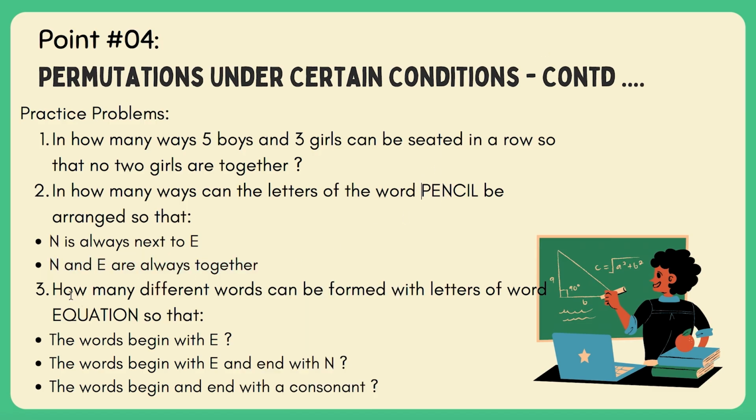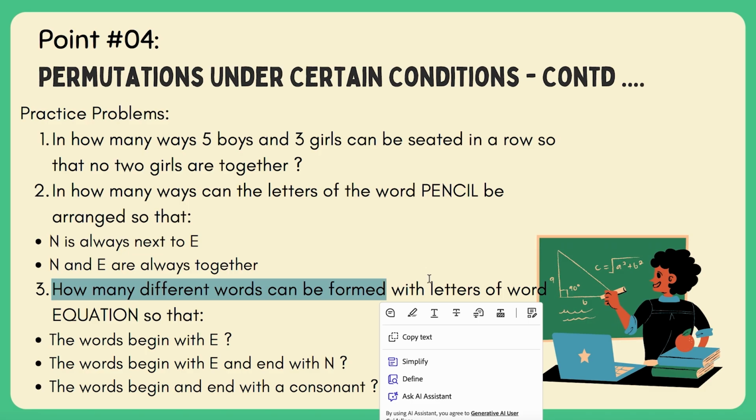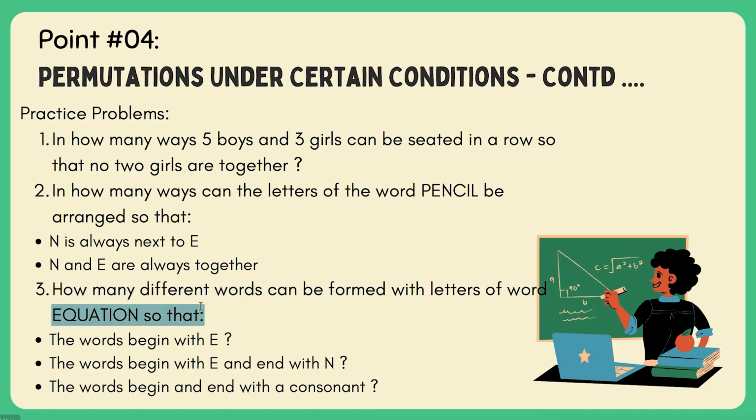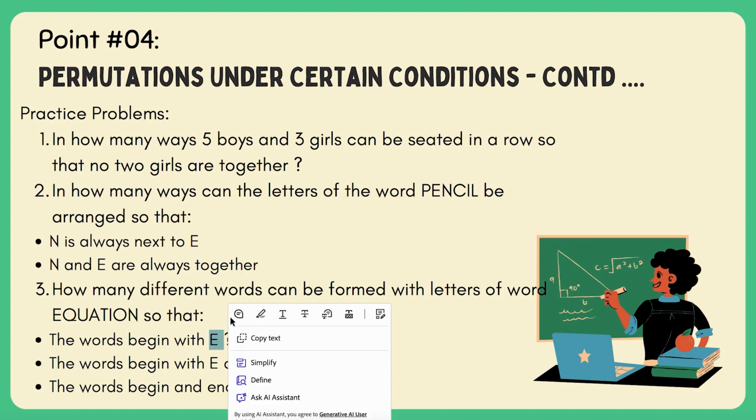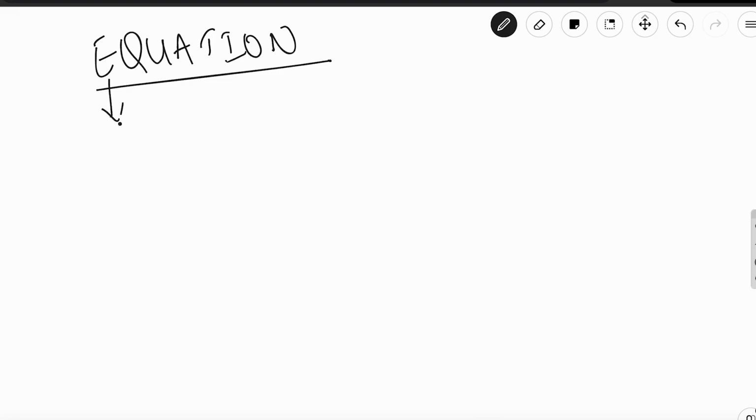Next is how many different words can be formed with letters of the word equation, so that the words begin with E. Okay, so it's saying that E is fixed. 1, 2, 3, 4, 5, 6, 7 and 8. There are 8 letters.